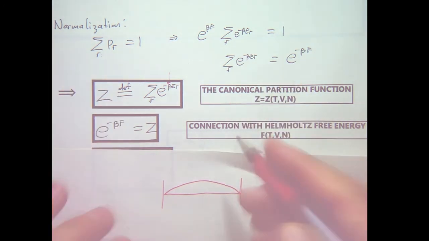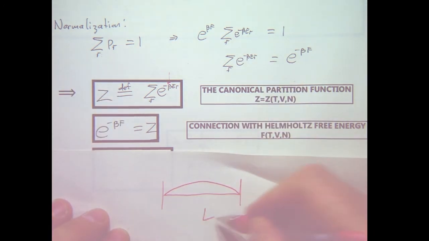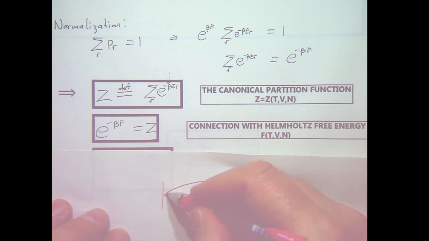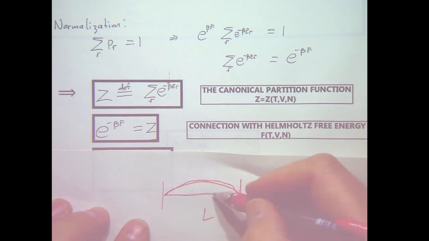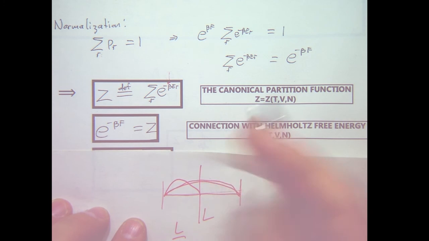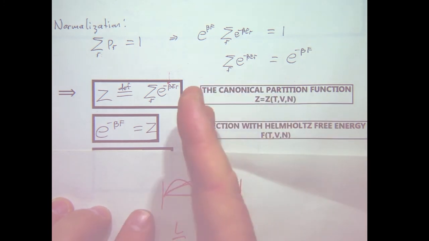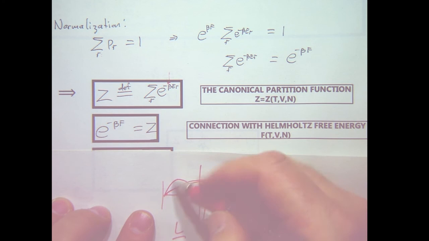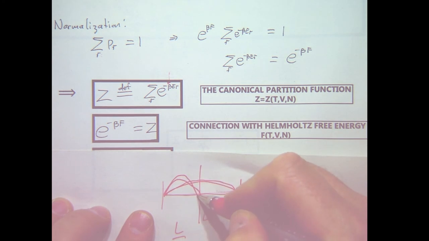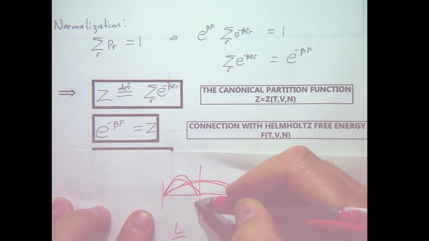Imagine a single particle, and if you have a certain length, then the particle has a certain energy. If you halve the length, that means you've pushed the wall in and you've done work on the particle, and it has higher energy. So the energy of the particle depends on the volume of the box that it's in.